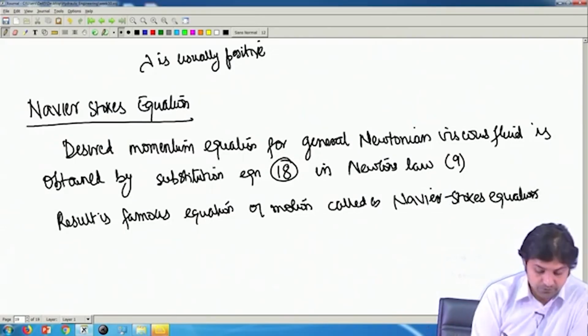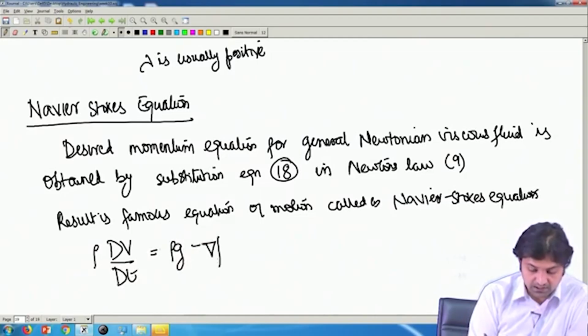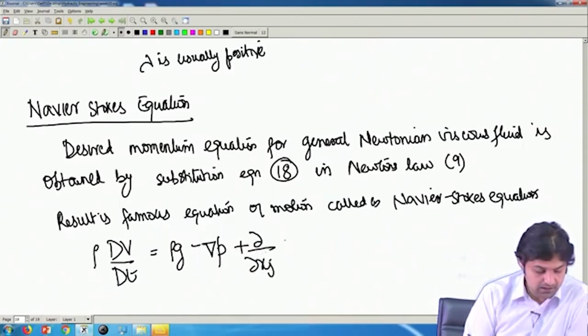equation. So it is rho dV/dt equal to rho g minus gradient of p plus del j of mu Vi.